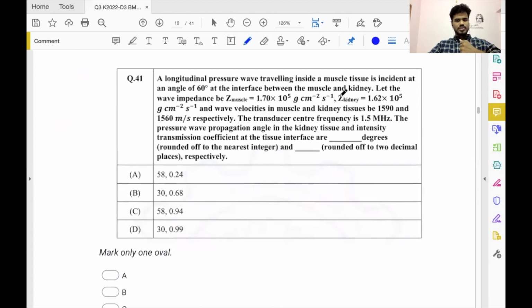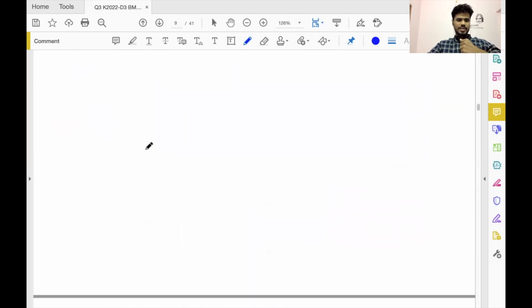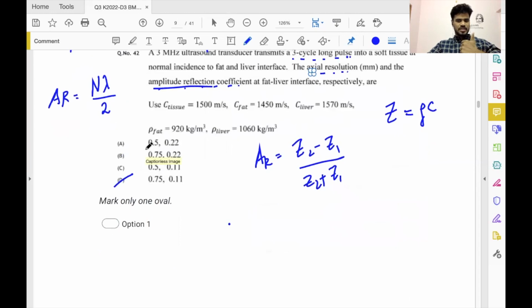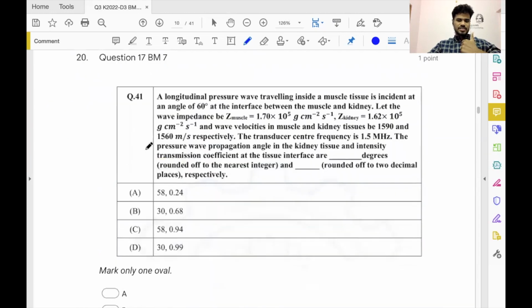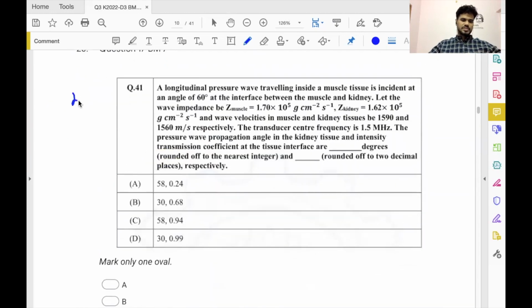Now, the last question was a GATE 2020 question. This question is a GATE 2021 question, BM 2021. So let's again get the expressions here. At the end of the day, we just need to remember two things. One is Snell's law.